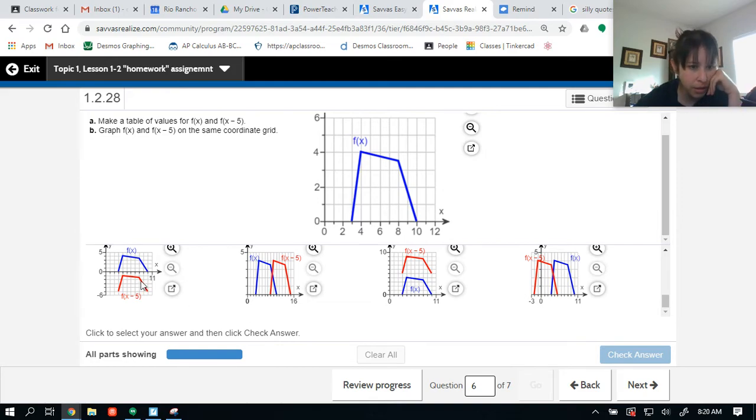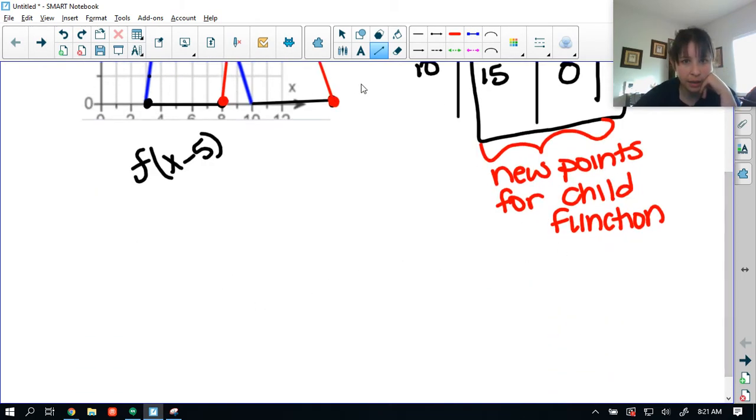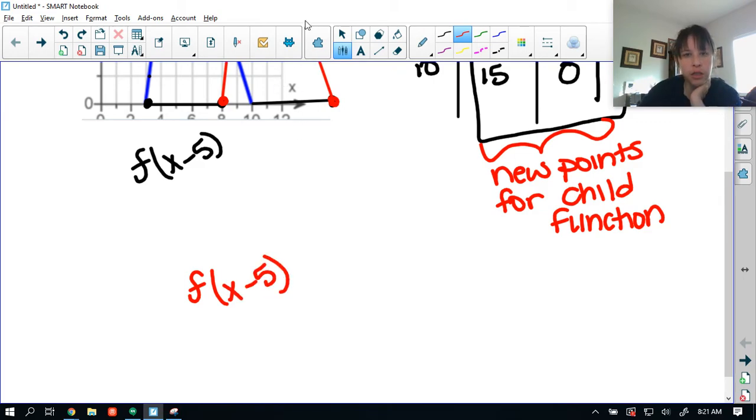So let's look at the one that best fits. I know it's not this one because we are doing a horizontal translation, and the whole reason I know we're doing a horizontal translation is because, when I used to teach this in class, I used to tell the kids, we're just going to put a K here and an A here.